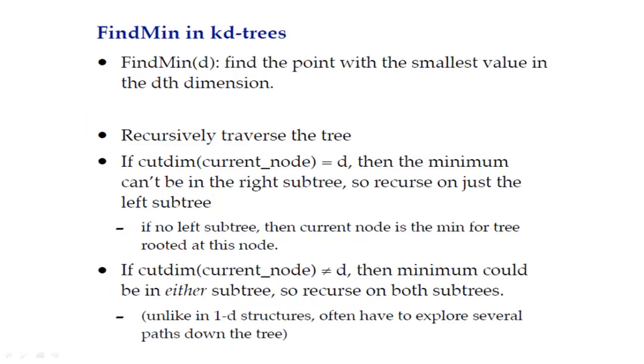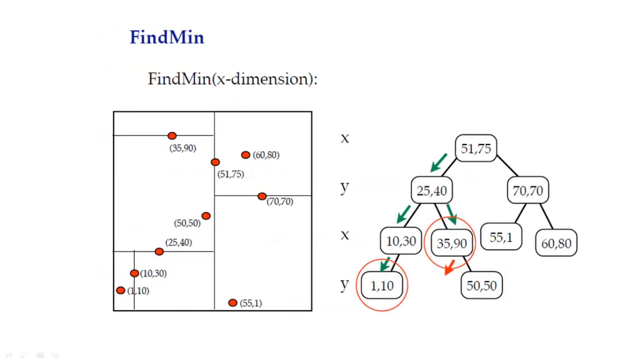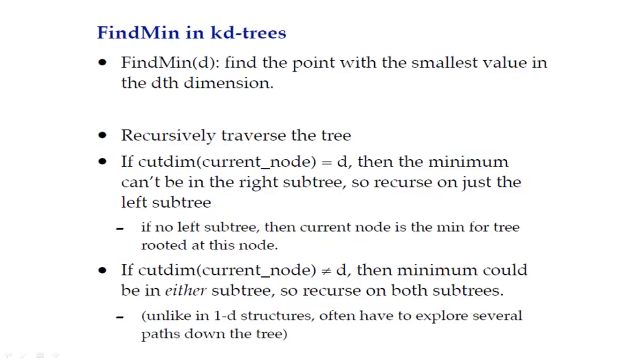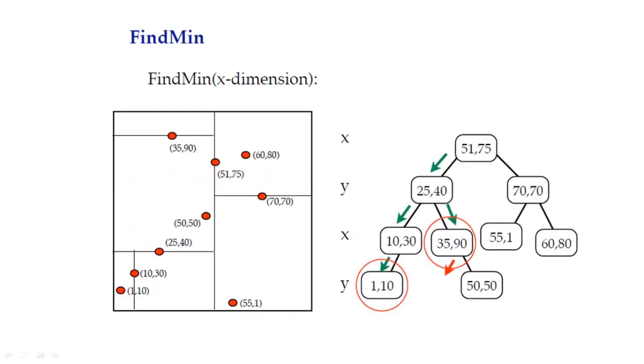Now here this d is the dimension in which we have to find the smallest point. If the dimension in which we have to find the smallest point matches with the current cut dimension, for example, when we are at root level, the current cut dimension is x, and the value of d is also x, meaning we are interested in the smallest value in x dimension.